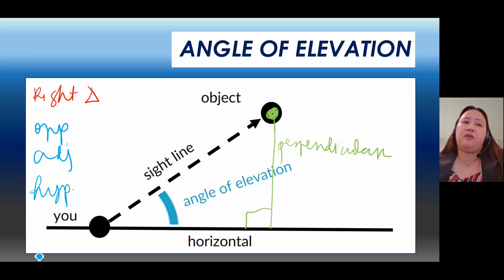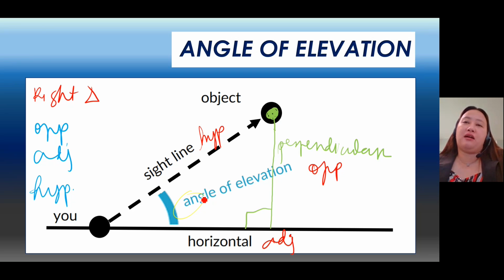Since we have the angle of elevation, this is our theta. If this is the theta, the side opposite it is the perpendicular. The side beside it is the horizontal, which is the adjacent, and the longest side is the sight line, so it is the hypotenuse.